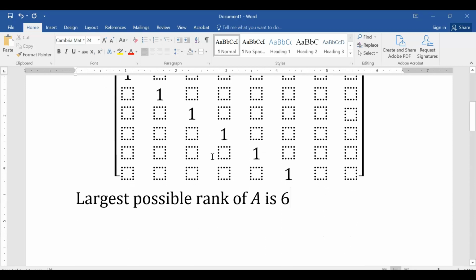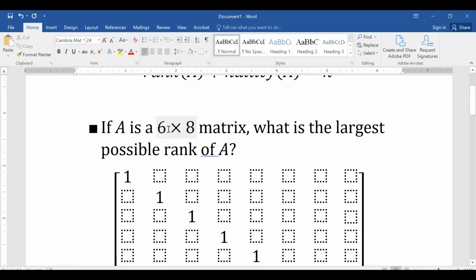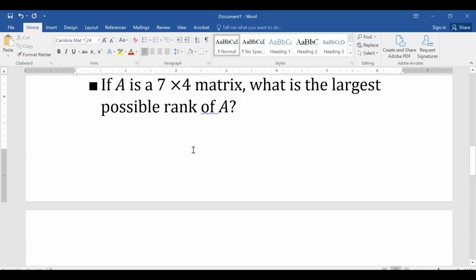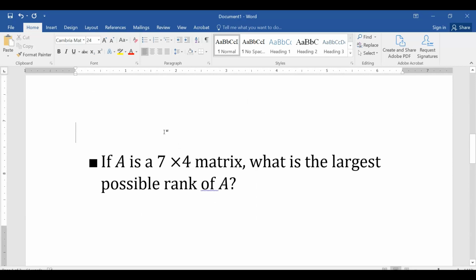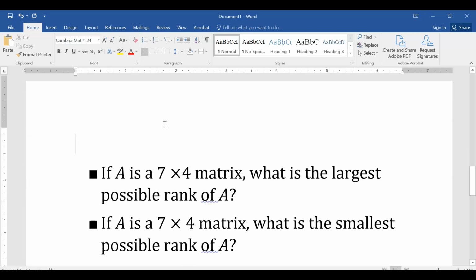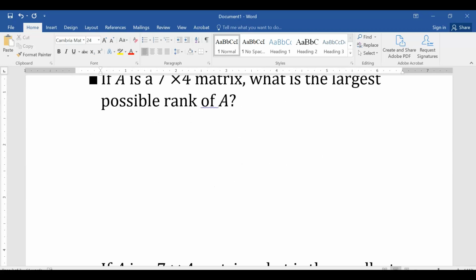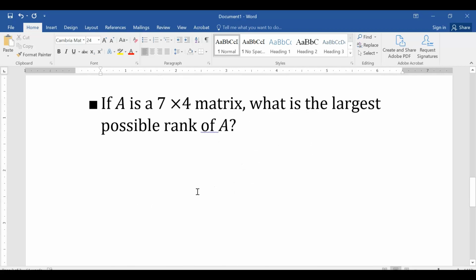In this case we had to consider that because the number of rows was smaller than the number of columns. In our next question, let's scroll down a little bit. When we're asked what's the largest possible rank of A, let's make a 7 by 4 matrix and see what we can do.